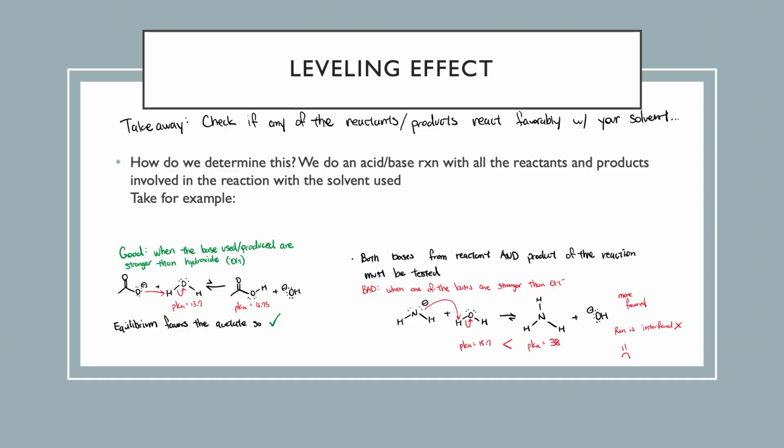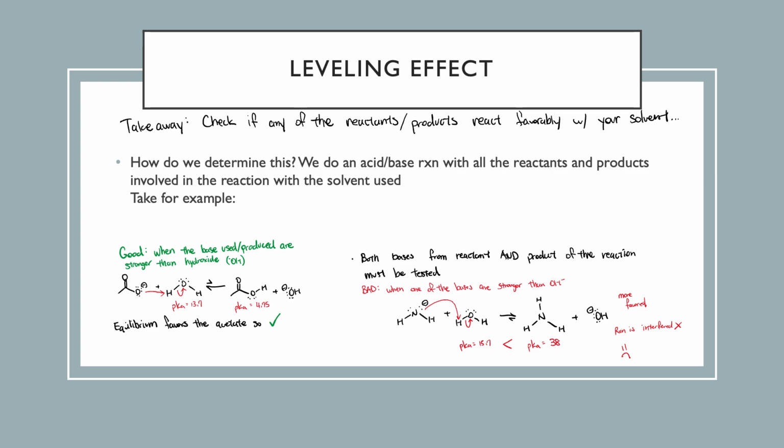When you react it with water in the side reaction, it will recreate the acetic acid and the hydroxide ion. However, if we look at the pKa of water and the acetic acid, acetic acid has a lower pKa, hence being very unfavorable, and the reaction will not happen as much.